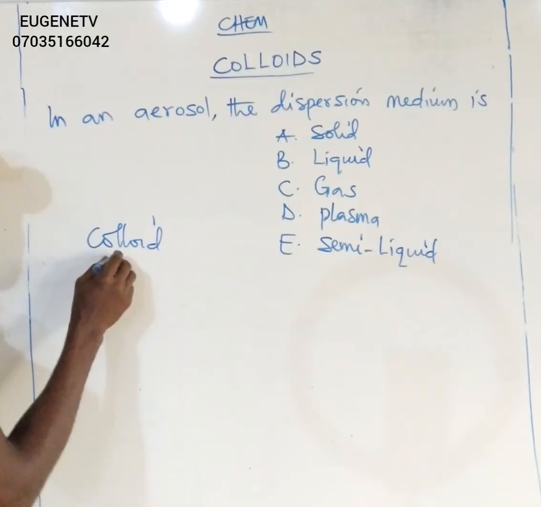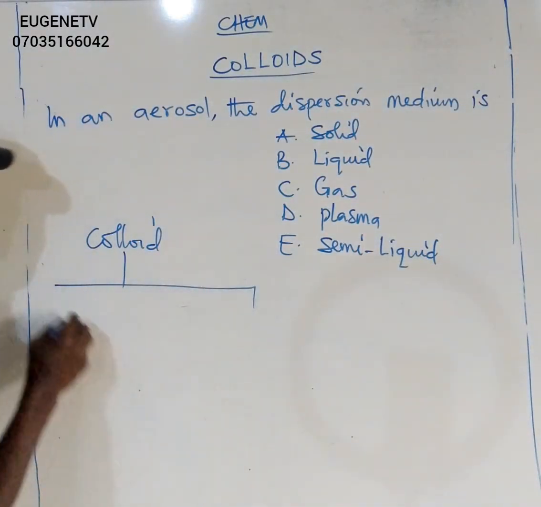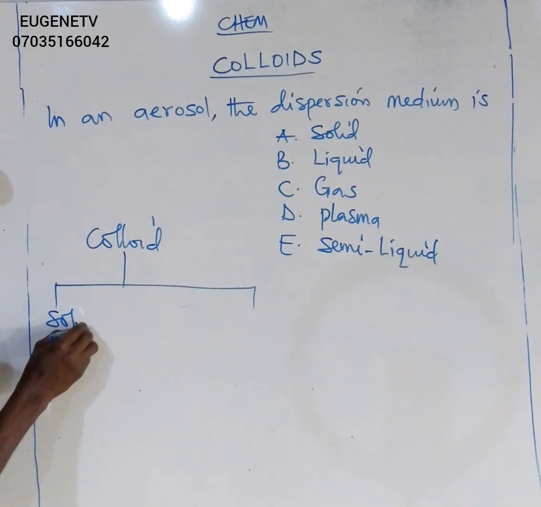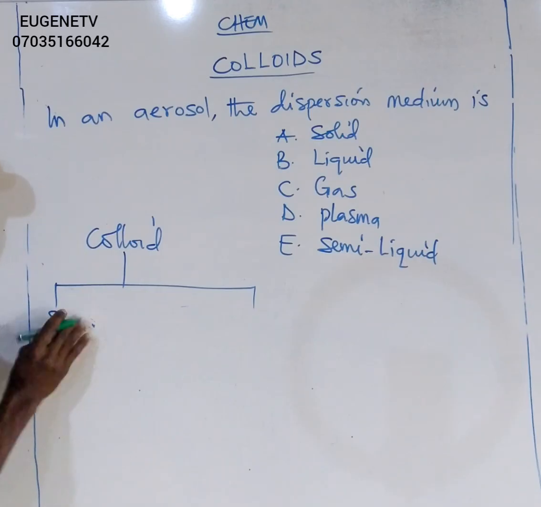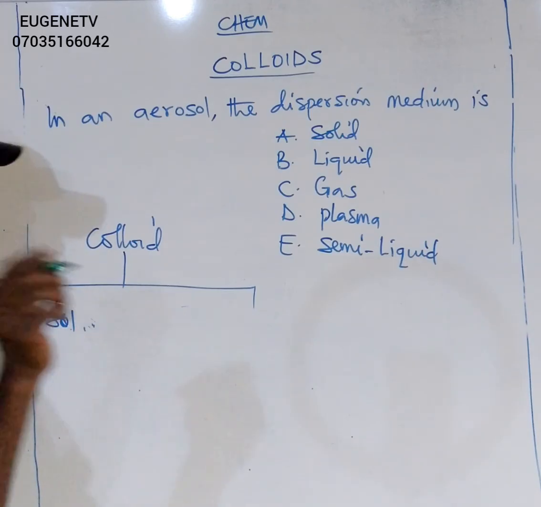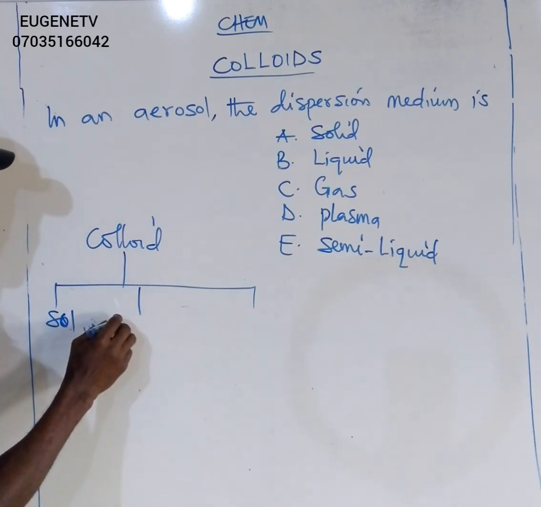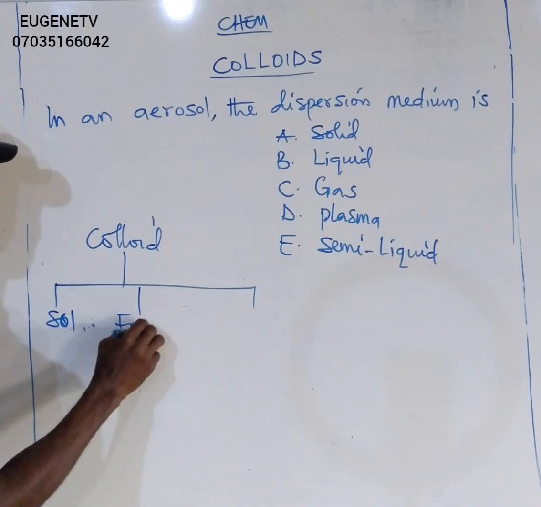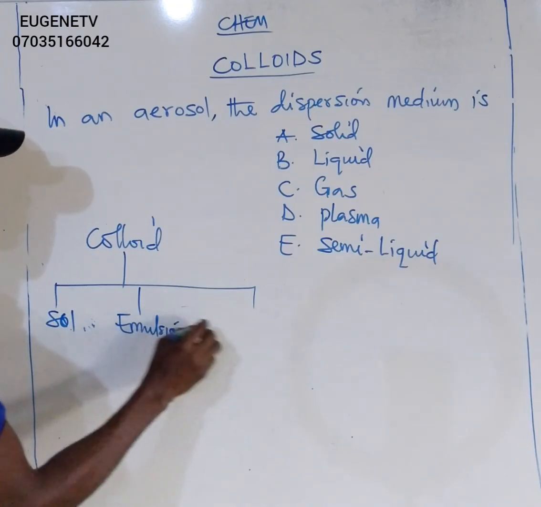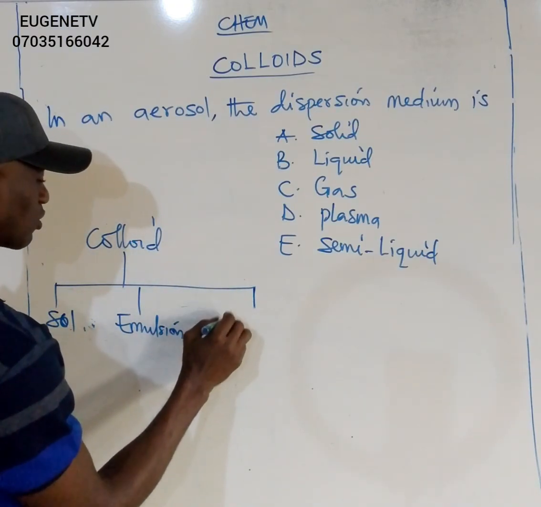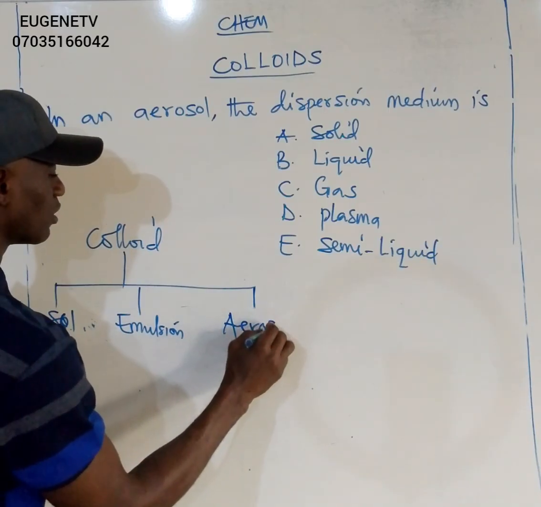I will list out several types of colloids for us. We have a type of colloid called solid, another type called emulsion, and the last type of colloid here is called aerosol.